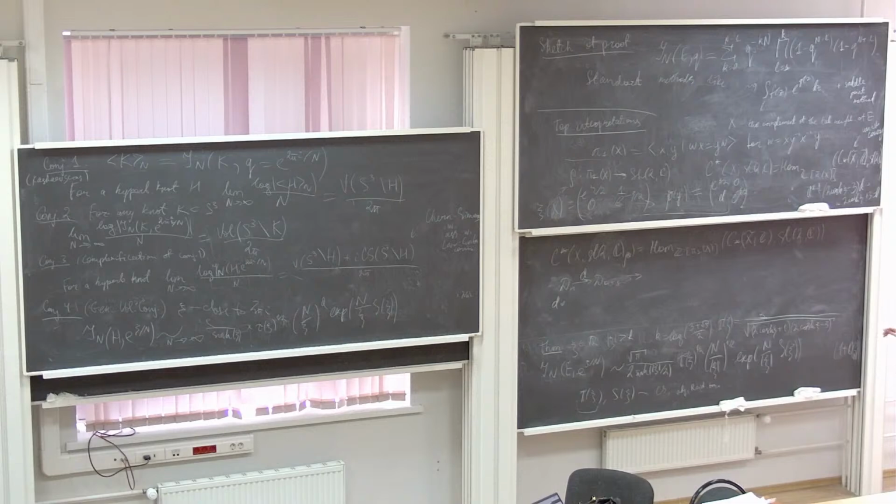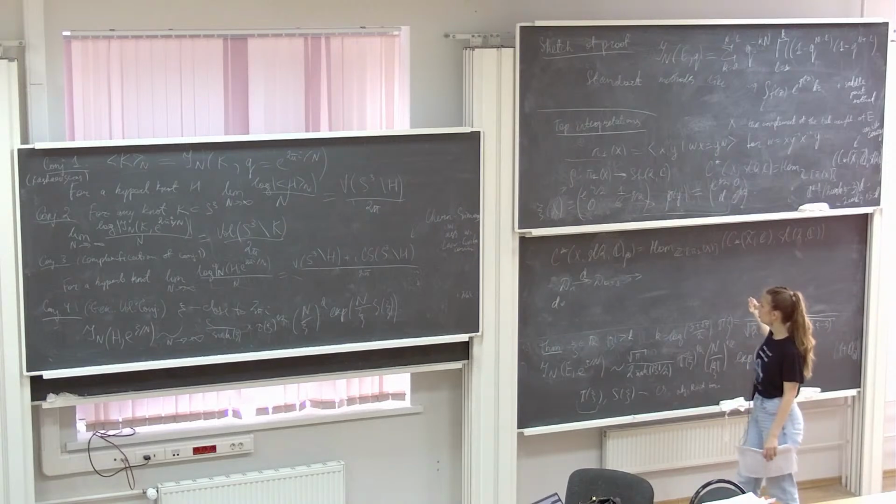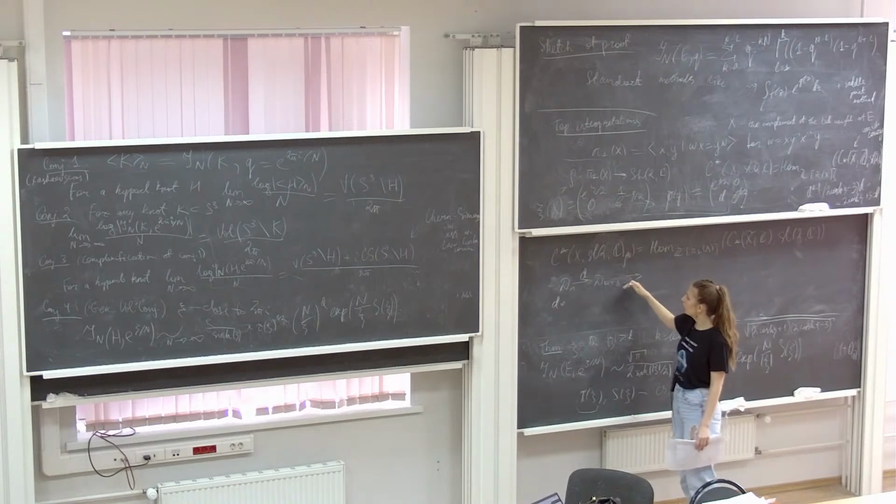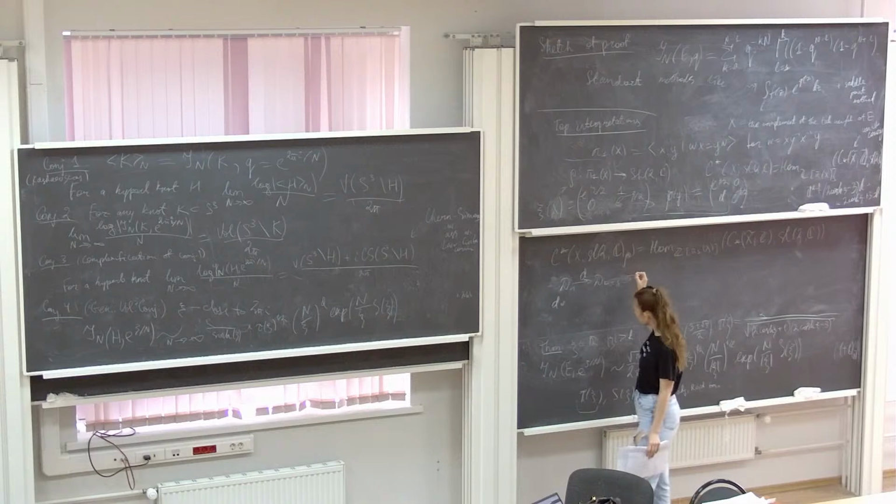So we can consider this thing, and this is just some cochain complex, and by the cochain complex of this form, we can define.